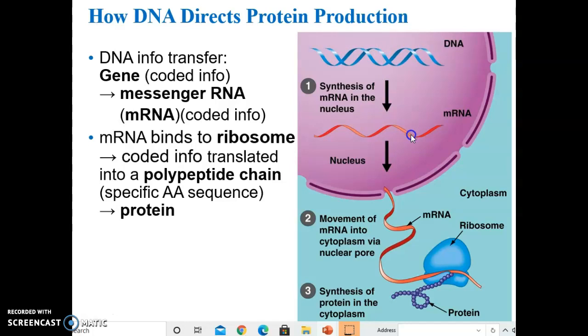So the mRNA molecule is the copy of the gene, copy of the recipe. So then the mRNA molecule exits the nucleus, latches onto the ribosome, where the ribosome can interpret, read the information on the mRNA molecule, and the ribosome links the appropriate amino acids together to form initially a polypeptide chain that will become a protein.